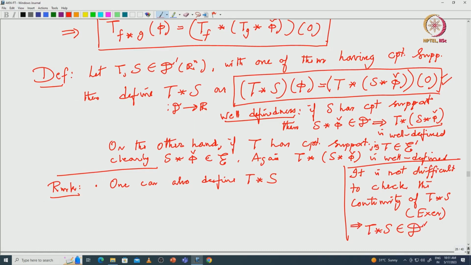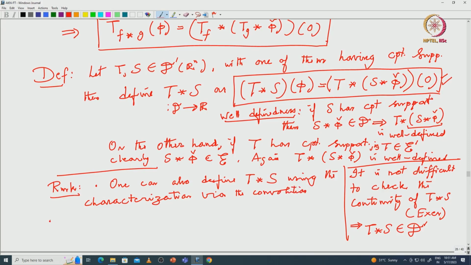Okay. All right. So, let us come back, can also define T star of S using the characterization via convolution. I will tell you what exactly it means.